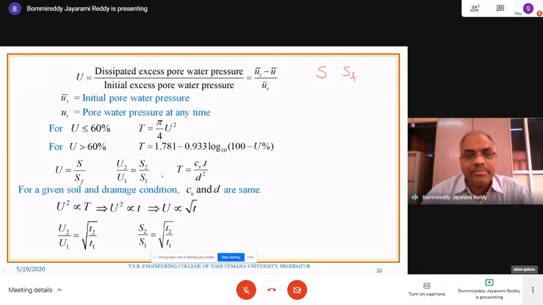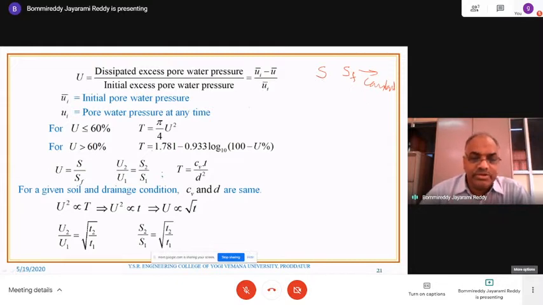Final settlement or maximum settlement are one and the same. Settlement S can be any value, corresponding to 50% degree of consolidation, or 90% consolidation. Any value can vary. But Sf is always constant because it is the maximum value of consolidation possible. So Sf is maximum, but S is variable.